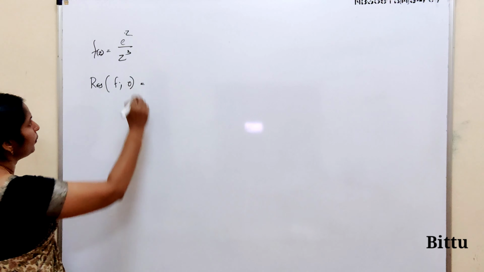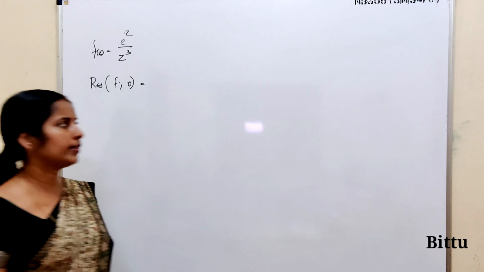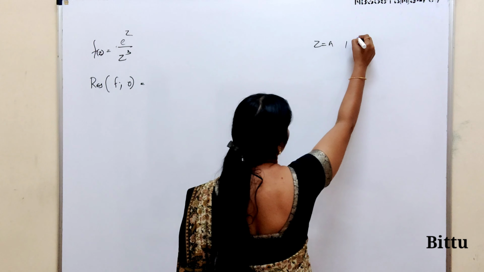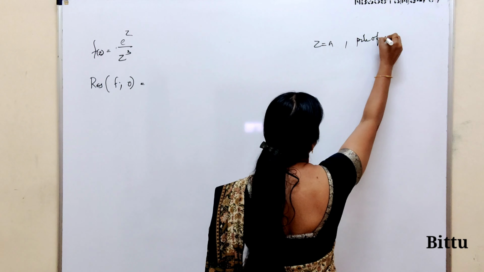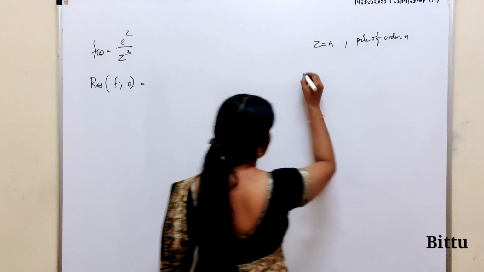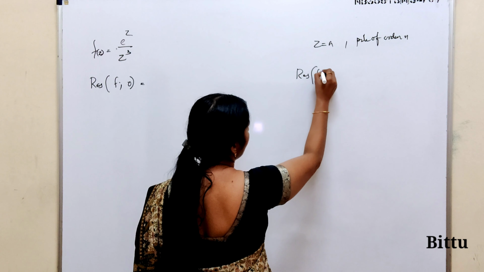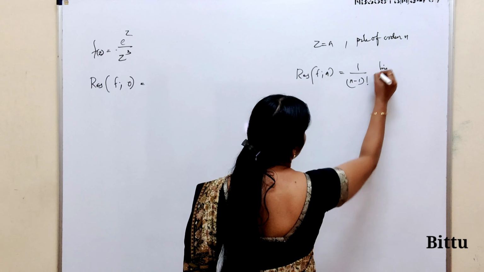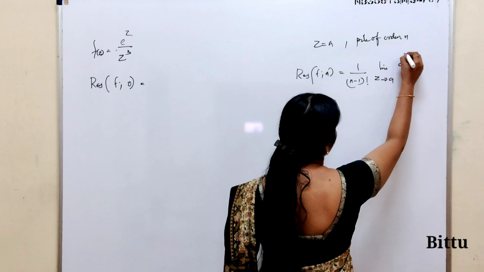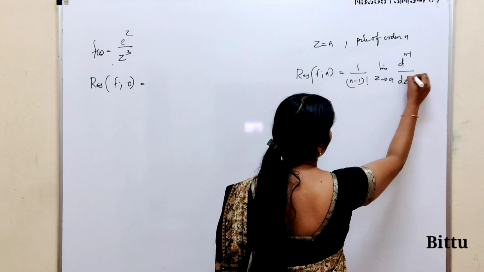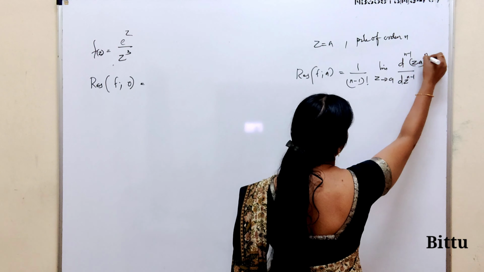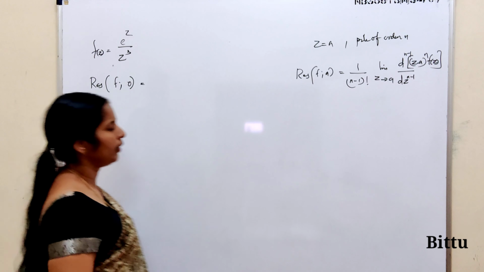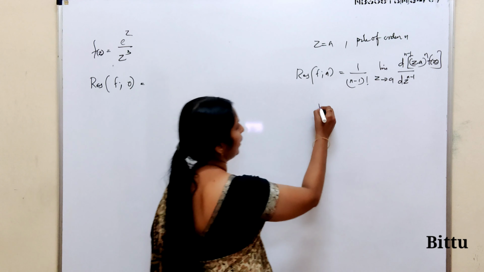We know the result: if z equal to a is a pole of order n of f(z), then the residue of f at a is 1 by n minus 1 factorial, limit z tends to a, the n minus 1th derivative of z minus a raised to n into f(z). Here, n equal to 3.